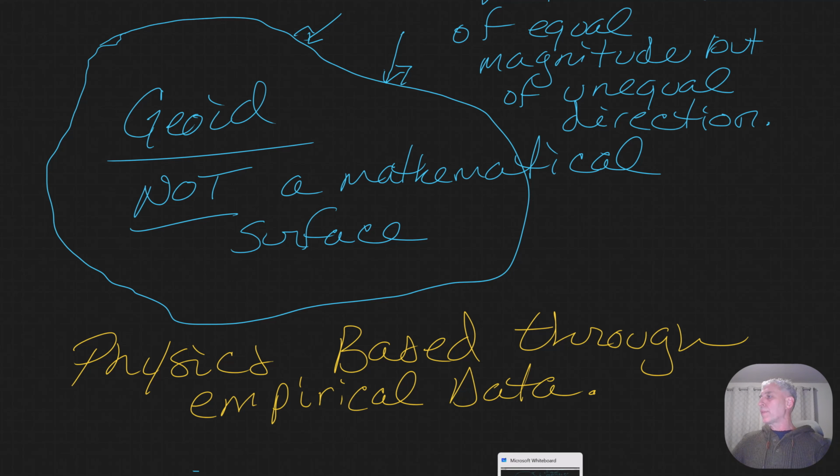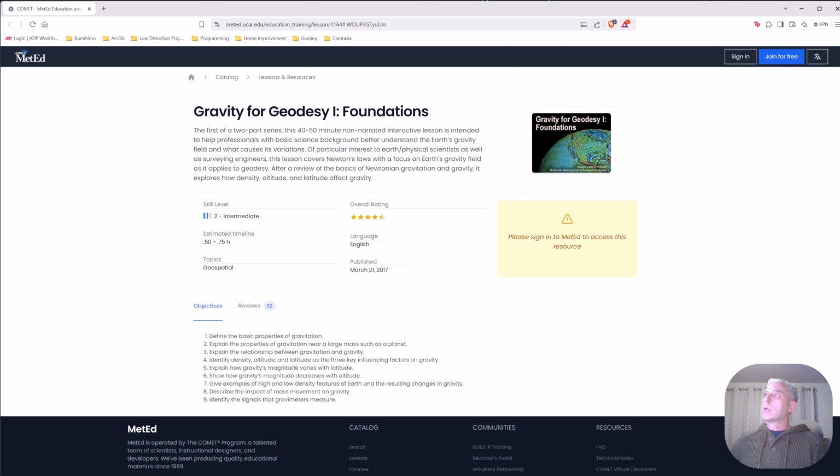So I'm going to bring that up. Let me bring up, where is it? Here we go. So I posted two links on Canvas. There's a part 1 and a part 2, both having to do with gravity for geodesy. And they're fantastic tutorials. They really go in depth and explain the theory very well.